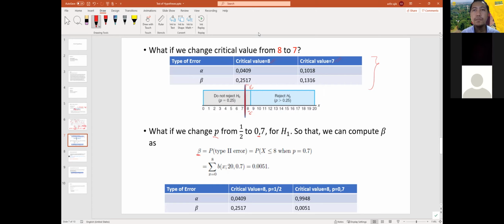Okay, and you can see because changing this one to this one only happens for B, so this only affects the B. You can see the beta is decreasing, but the alpha should be equal. The alpha should be equal, not changing.